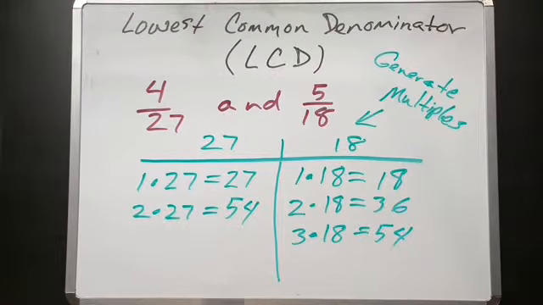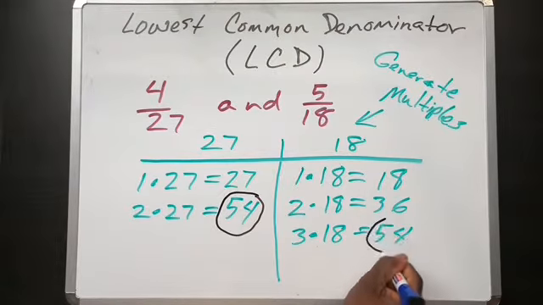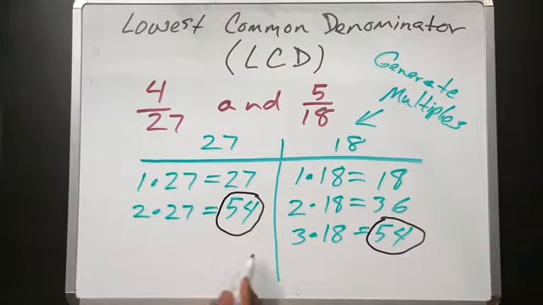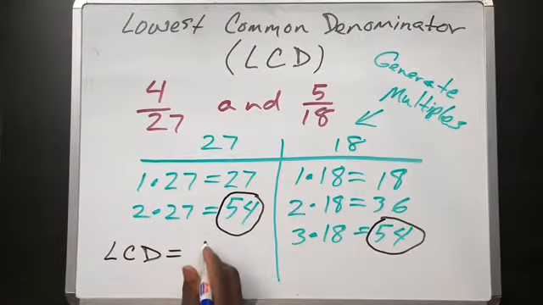We see two multiples that are the same, the lowest common multiple, okay? So we conclude that our LCD equals 54.